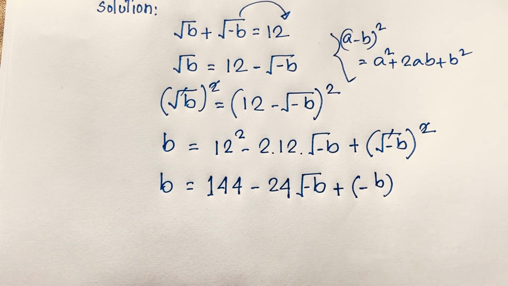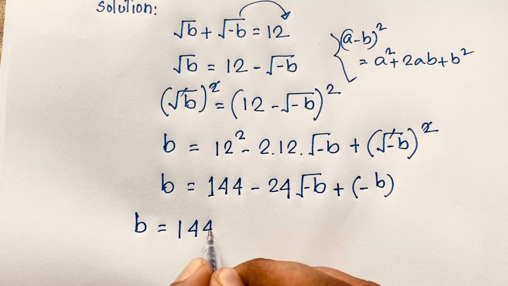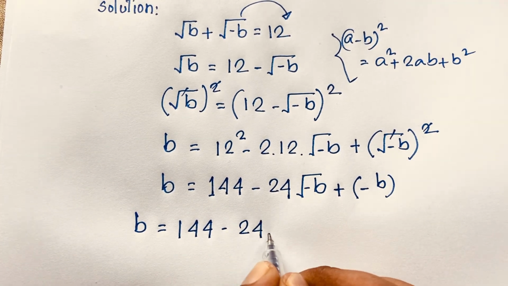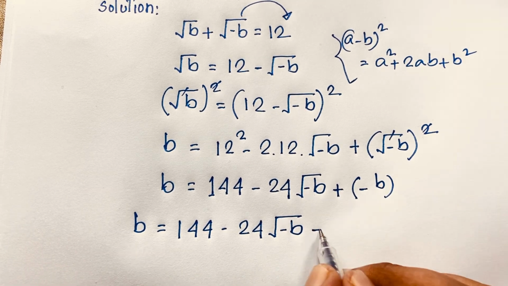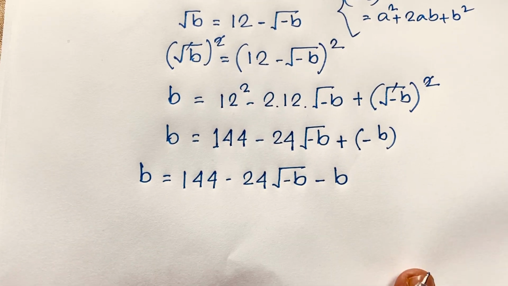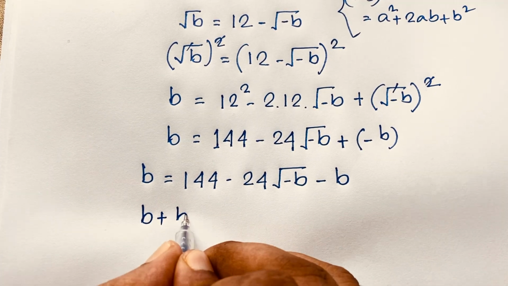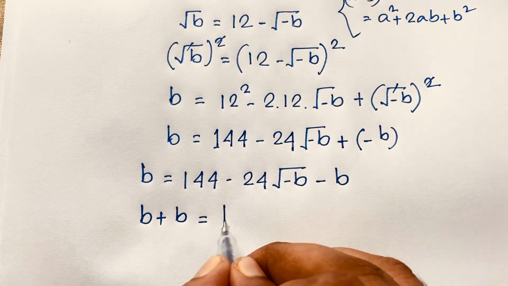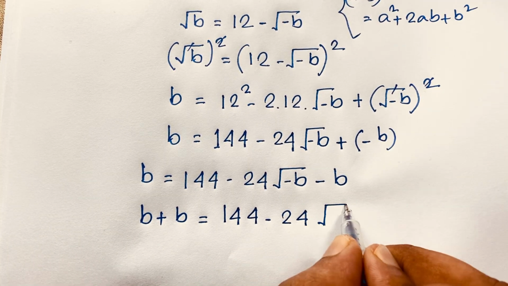Then here b is equal to 144 minus 24 square root negative b, then plus minus it will be minus b. Now I just move this b to this side, it will be b plus b is equal to 144 minus 24 square root negative b.